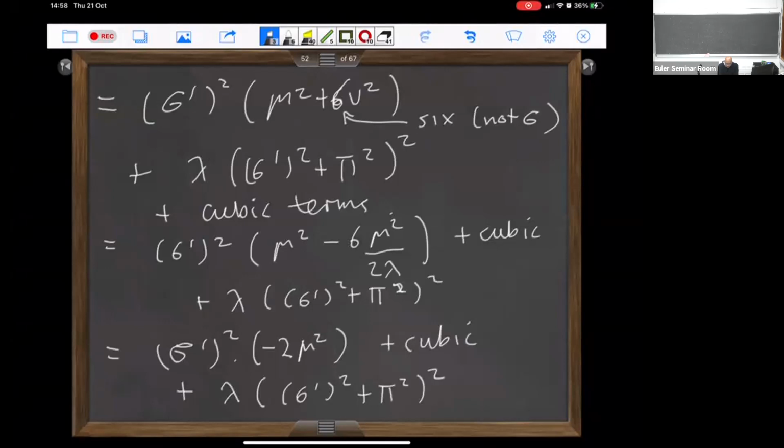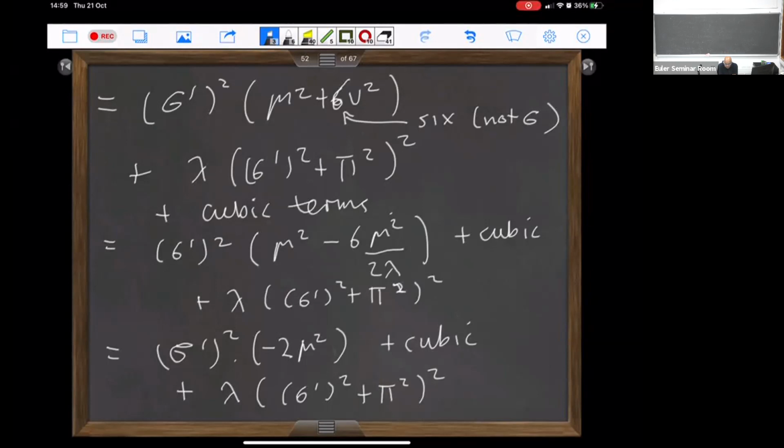So what you're left with is a quadratic term in sigma prime, whose coefficient is mu squared plus 6 times v squared. Plus you've got these quartic terms proportional to lambda, plus you've got a few cubic terms, which I haven't written. And the quadratic mass term for sigma prime has a coefficient which is minus 2 mu squared.